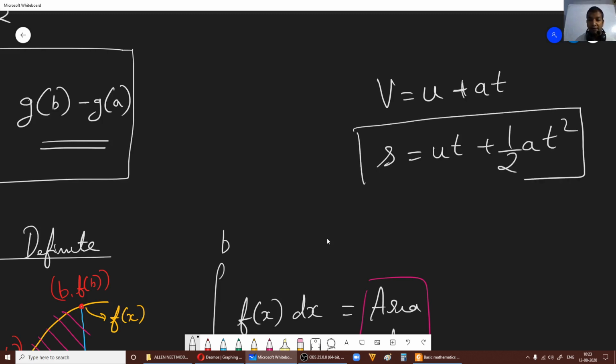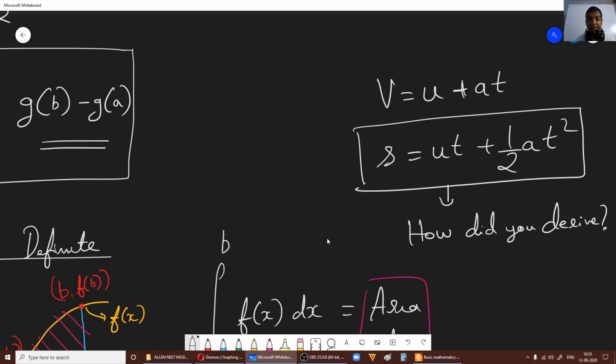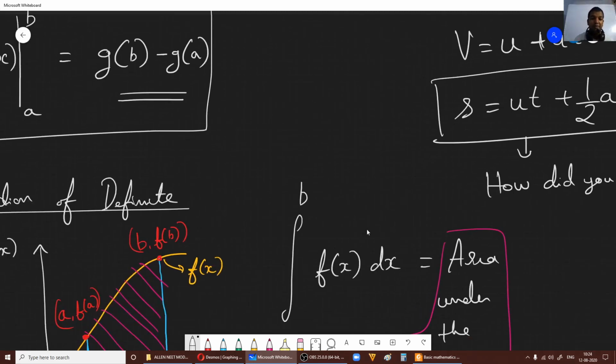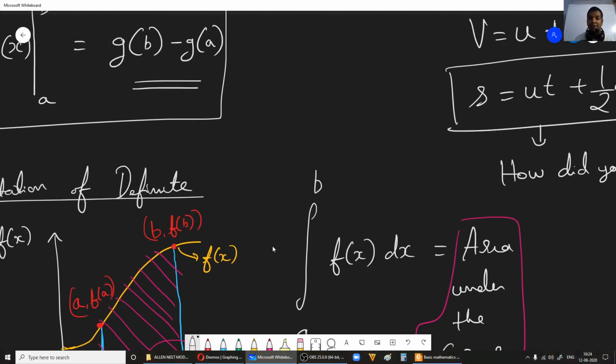Now look for the derivation. How did you derive this equation? Just look for the idea behind the derivation of this equation. You will get to know what we are doing here. So this has a close relation.